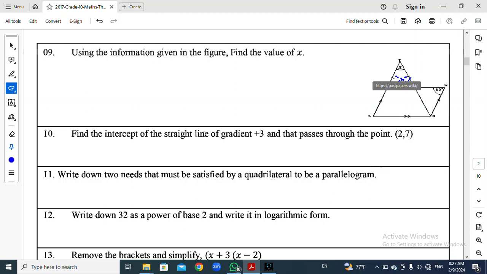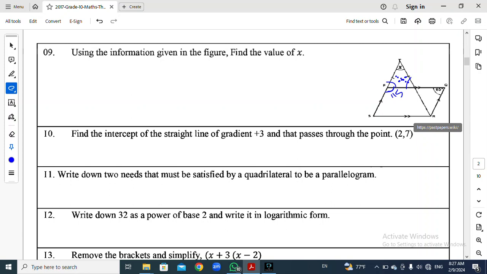Now here you see, my dear, this one is 65 and I can find out this angle. These are like allied angles because these two lines are parallel. So 65 means here it's 115 because the sum of allied angles is 180.